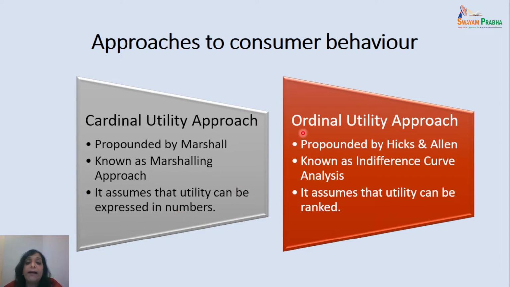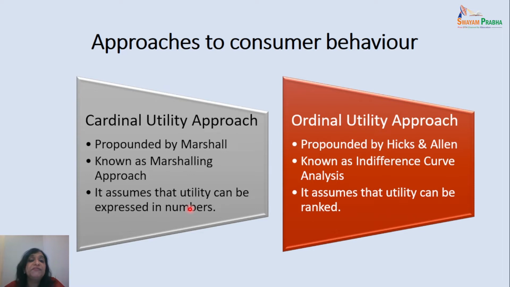On the other hand, the ordinal utility approach says that utility cannot be quantified in numbers. It can, however, be ranked by consumers. The orders can be given by the consumer. That is, I like this bundle more than that bundle. So preferences can be given between various bundles of goods or between various commodities.